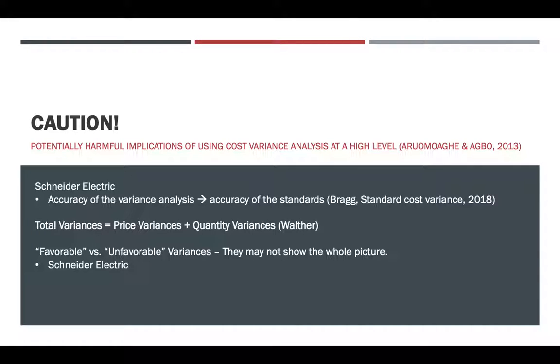Going back to the case study of Schneider Electric, managerial accountants can be observing a favorable variance, but that could be due to the use of low quality materials that could cause very unfavorable results in the long term. So all in all, variance analysis and cost accounting must be done appropriately in order for it to be effective.